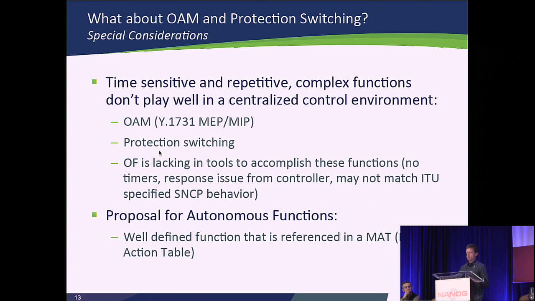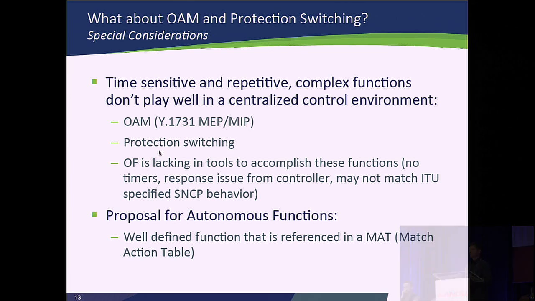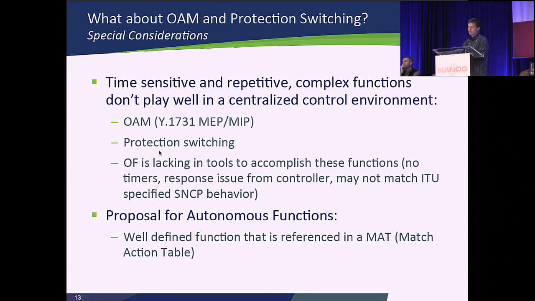So at this point, you might be asking yourself, this all sounds great, but real networks are much more complex, and there's a lot of details here that we're just glossing over. And that's right. Two good examples that the ONF is dealing with right now are how to handle OAM and protection switching.